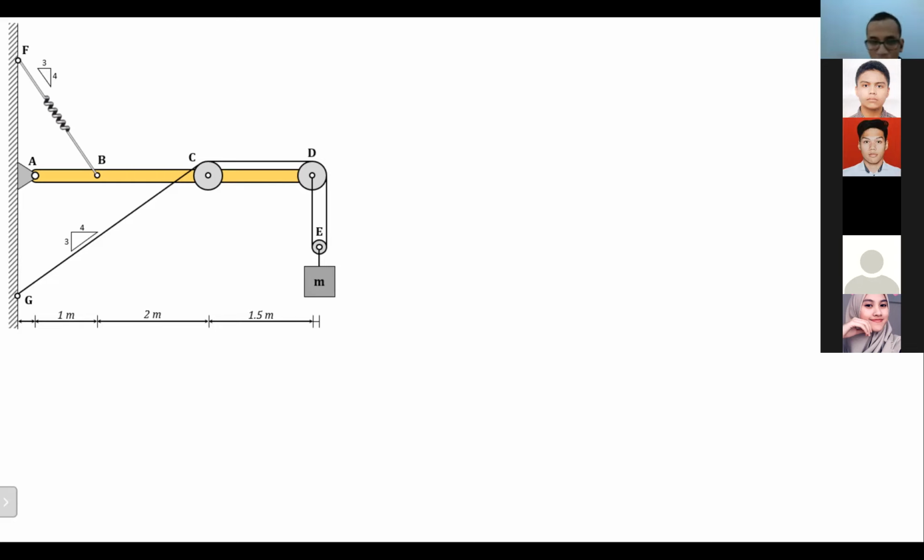But actually, in the problem, at equilibrium condition, spring FB is stretched 10 millimeters. There is information like that in the problem.